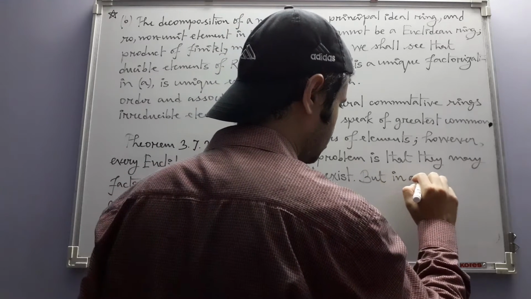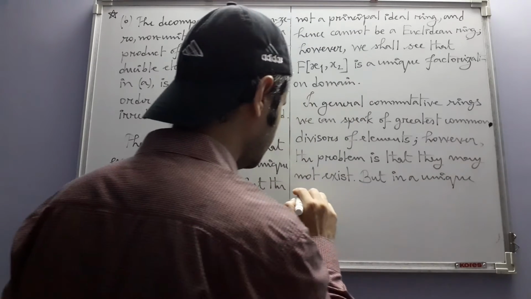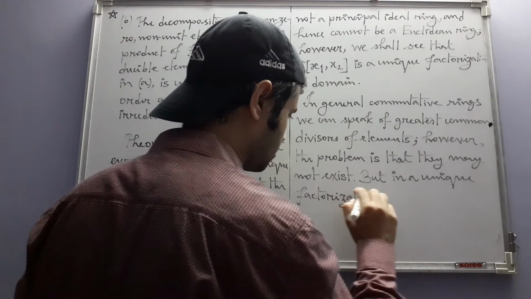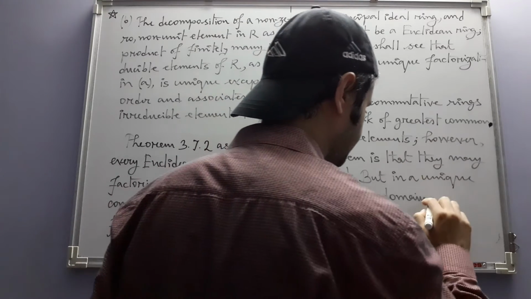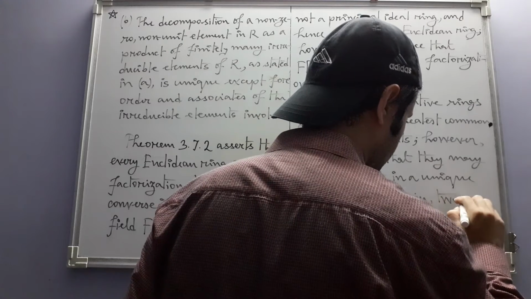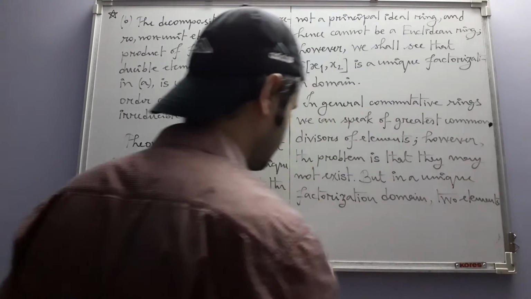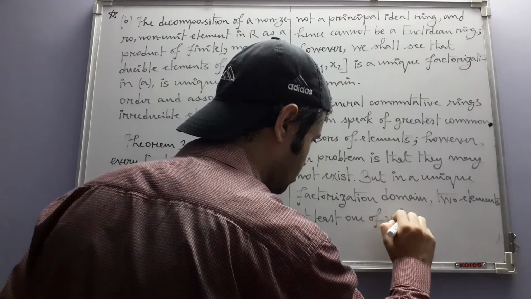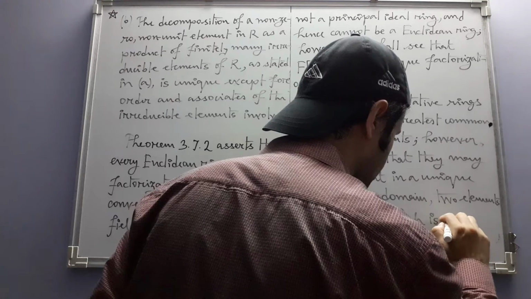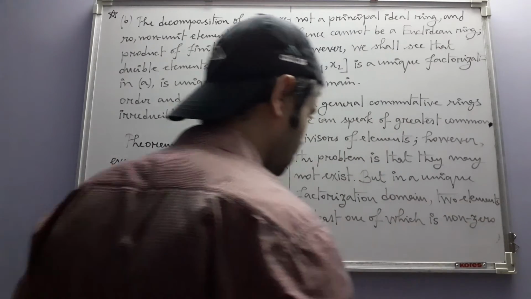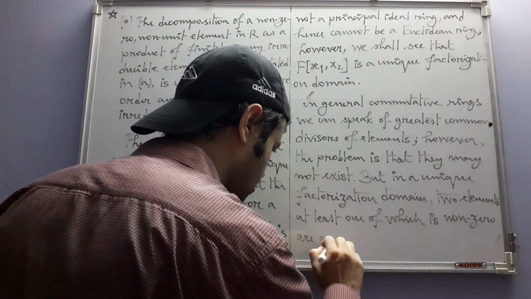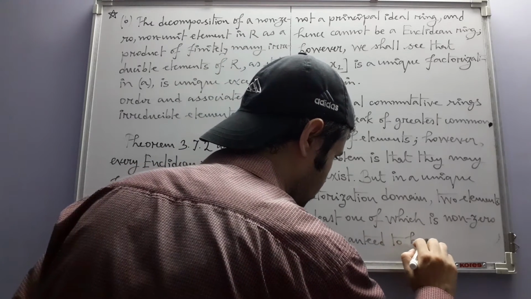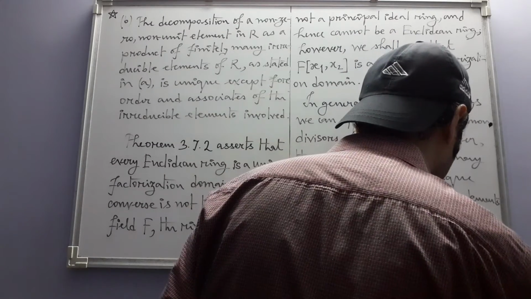But in a unique factorization domain, two elements, at least one of which is non-zero, are guaranteed to have a greatest common divisor.